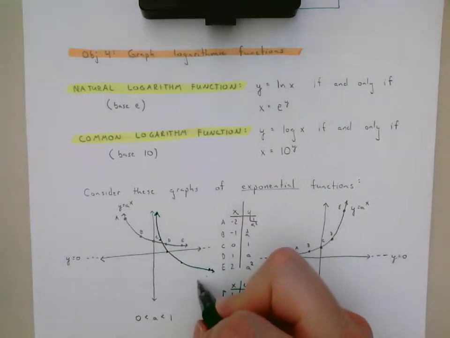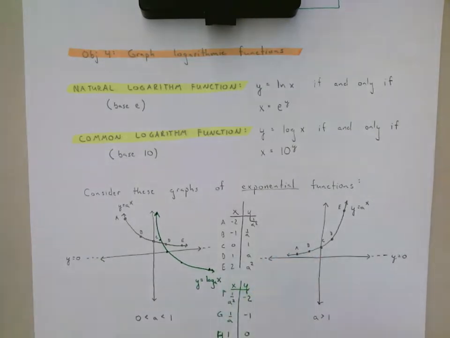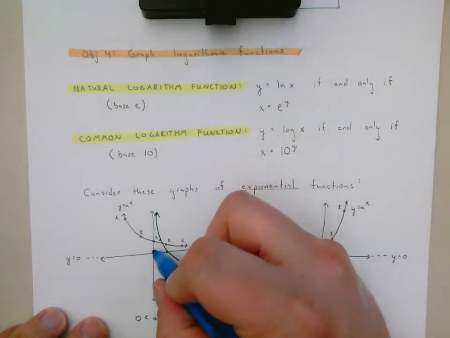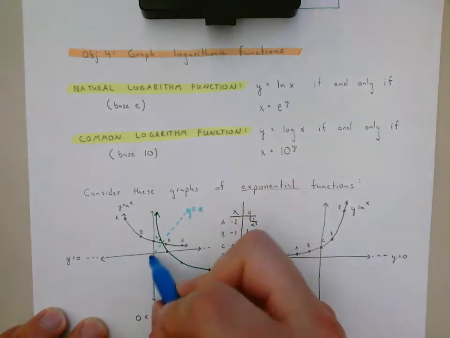Okay, and that's my graph of y equals log base a of x. If I look at those two graphs, they are going to have symmetry across the line y equals x.